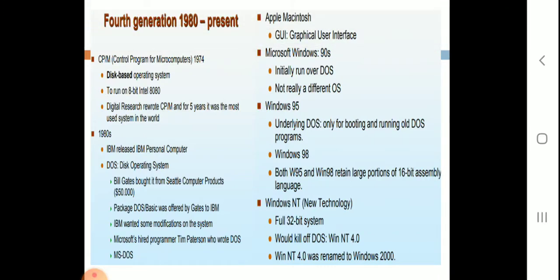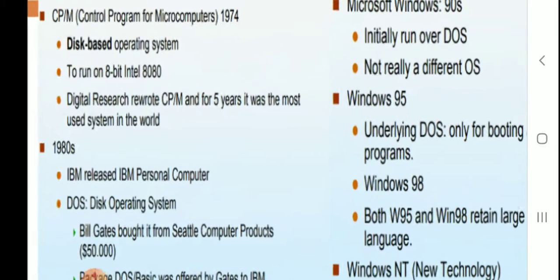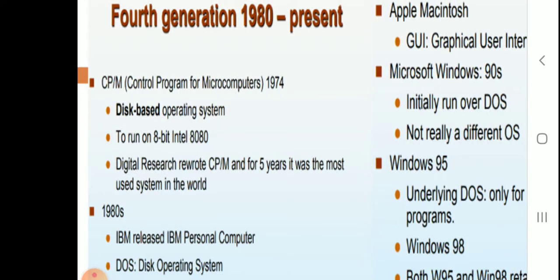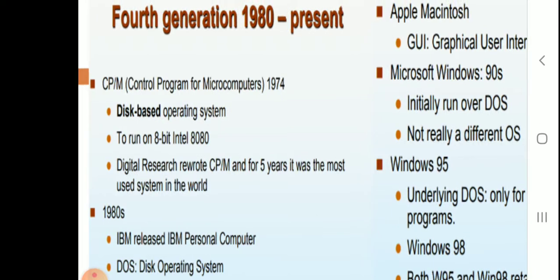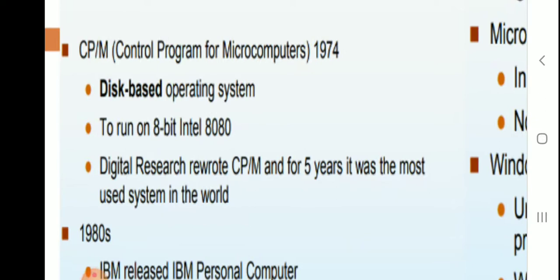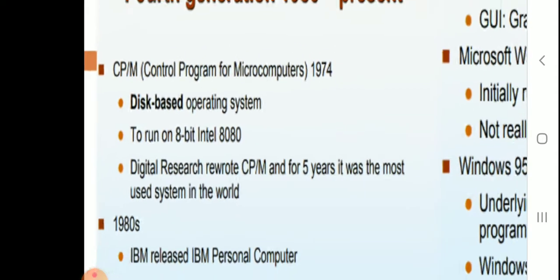Next we have the fourth generation, which is from 1980 till the present. CP/M, the Control Program for Microcomputers, 1974, was basically a disk based operating system to run on the 8-bit Intel 8080. Digital Research rewrote CP/M, and for 5 years it was the most used system in the world.